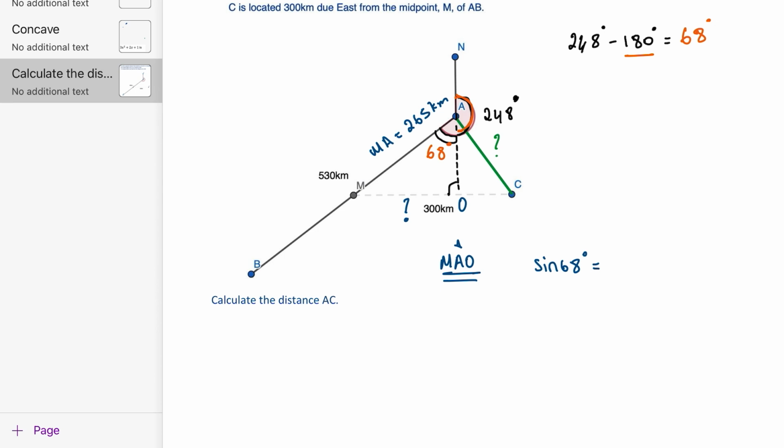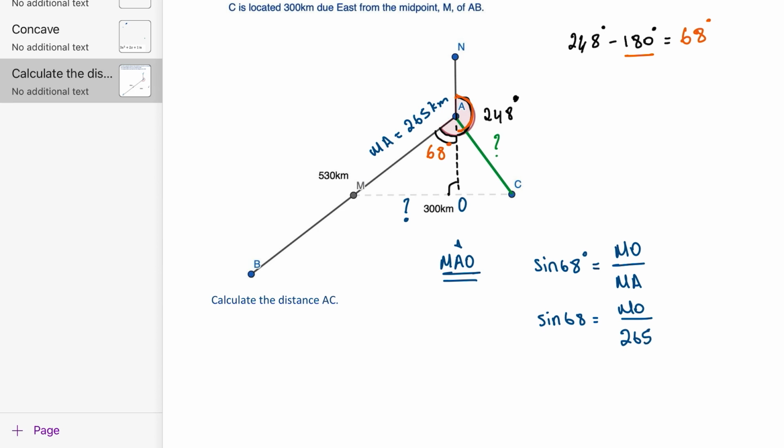So that will be MO, opposite over hypotenuse, which is MA. So sine 68 is MO over 265.